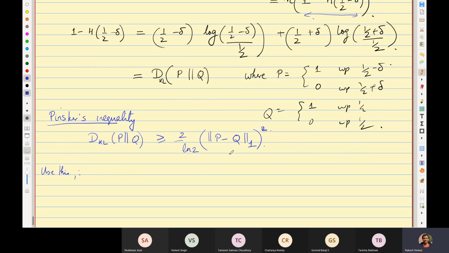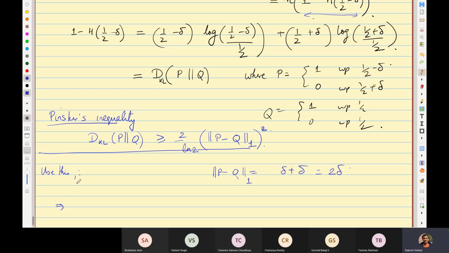What is the one norm between P and Q, where it is this distribution? It is just delta, because half minus delta minus half, half plus delta minus half. So this looks like 2 delta.